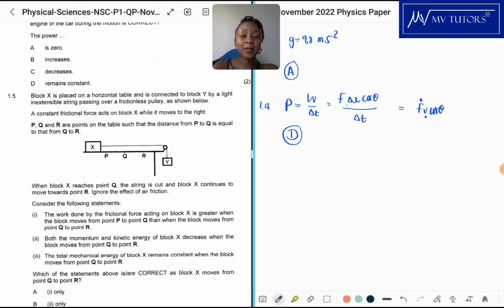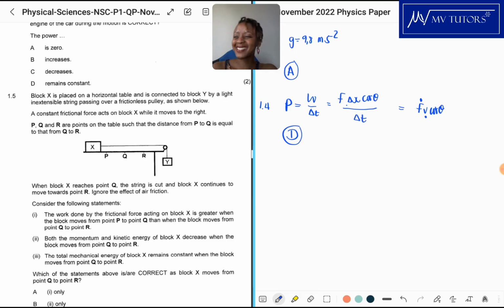Remember, both momentum and kinetic energy depend on velocity, and the velocity will definitely decrease from point Q to R, so that is true. Three, the total mechanical energy of block X remains constant when the block moves from point Q to point R. No, it doesn't.